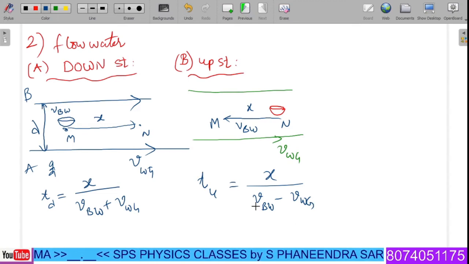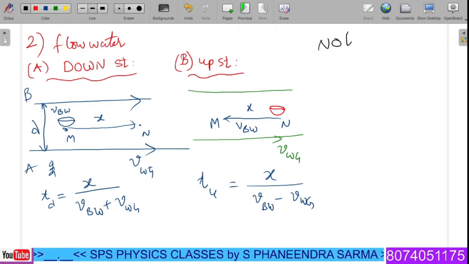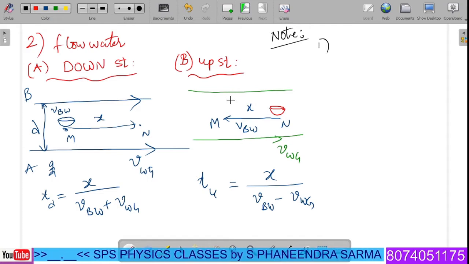Here we have an important instruction. Let us see the value of the ratio of time of downstream to time of upstream. Sometimes they will give you ratios like that. Then how can we write it down in this case?